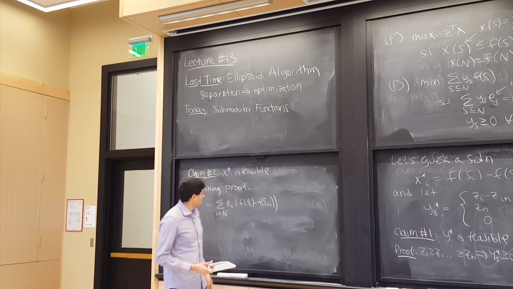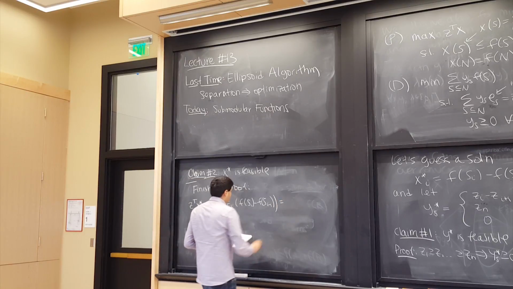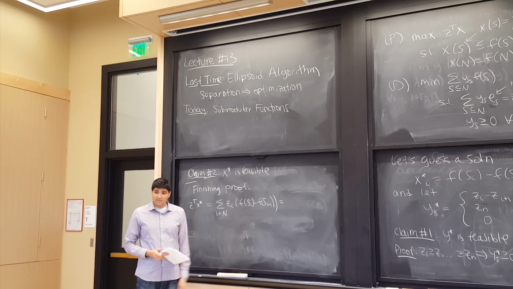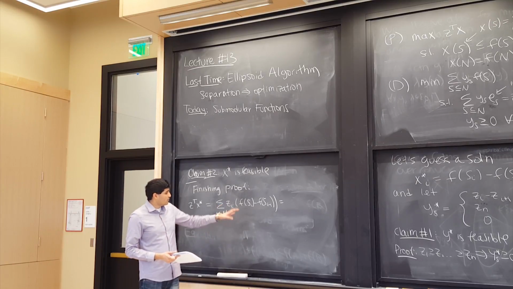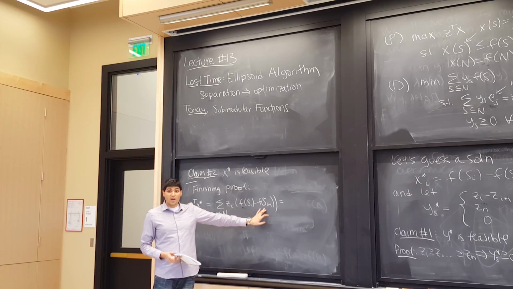But now the important thing is that if you look at the coefficient of f of si, then it actually gets contributed to twice, because once it plays this role, and once it plays the other role.